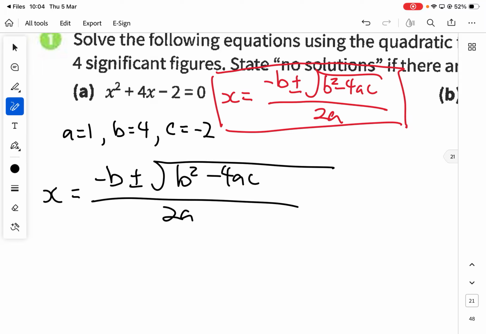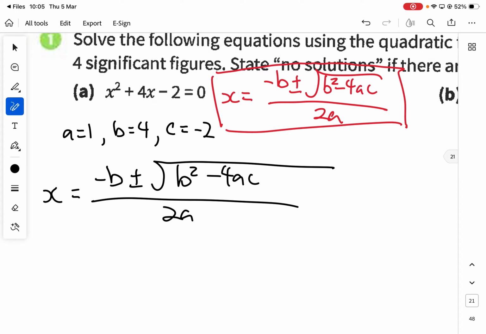Every question you will repeat and write this down. You write A, B, C, you write this down. Then after a few questions, you can remember already. This is a formula you have to remember.